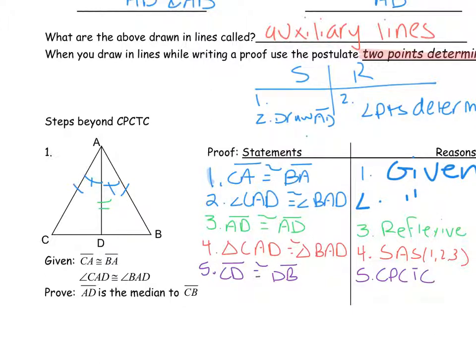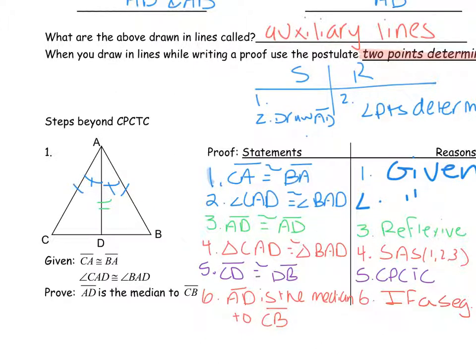And now, this is the new part. Now I'm ready to say that segment AD is the median to segment CB. And the reason is: if a segment hits at the midpoint of the side to which it is drawn, then it is a median.